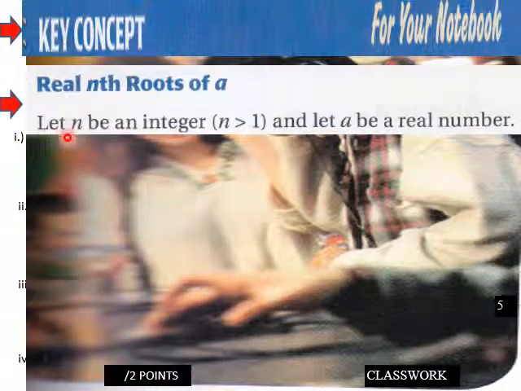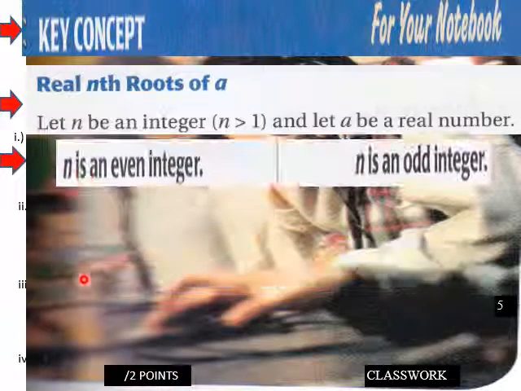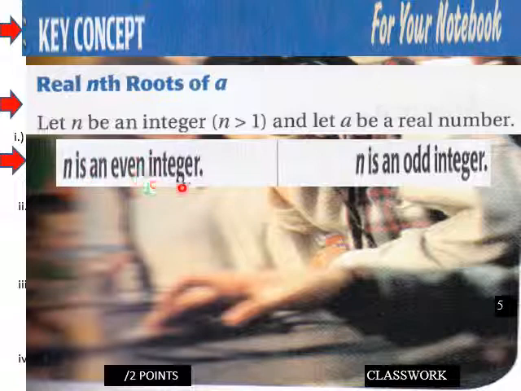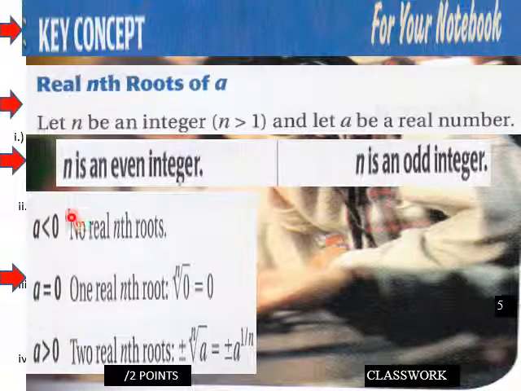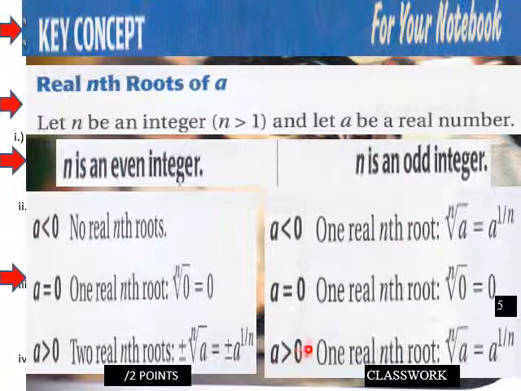Okay, so we move into a concept slide here. Real nth roots of a, and this is classwork. This is on your classwork sheet, page 5 of this lesson, and it's worth 2 points, students. N is an even integer, n is an odd integer, and here are the conditions for an even integer, and here are the conditions for when n is an odd integer.